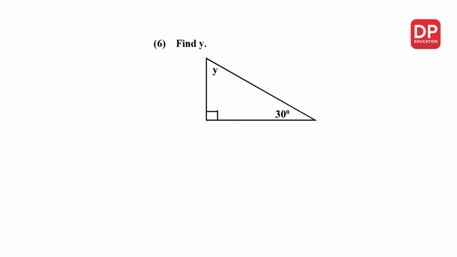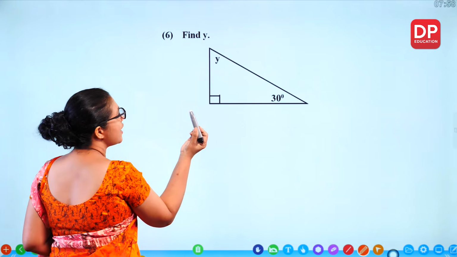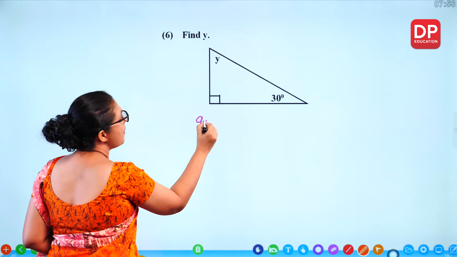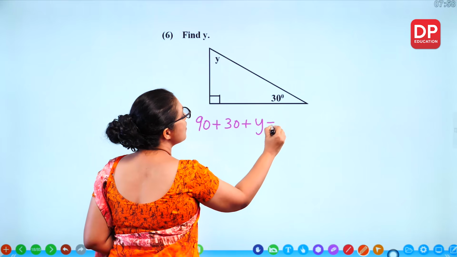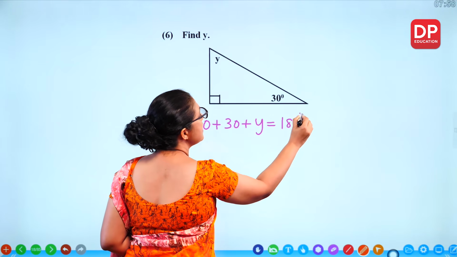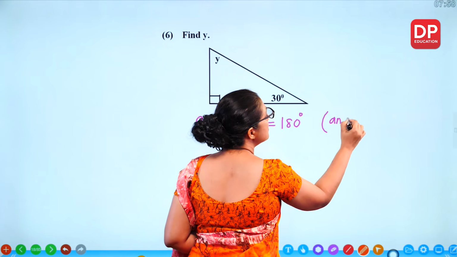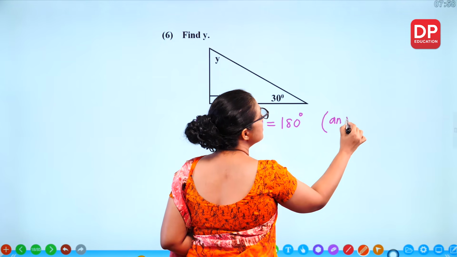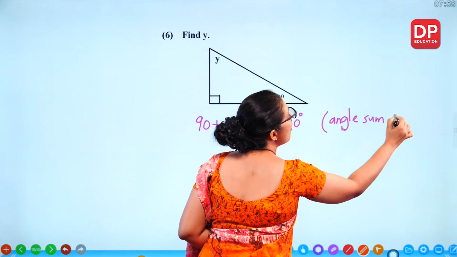This is a right angle triangle. You are asked to find the value of y. This is 90. So what can you write? 90 plus 30 plus y is equal to 180, angle sum of a triangle.